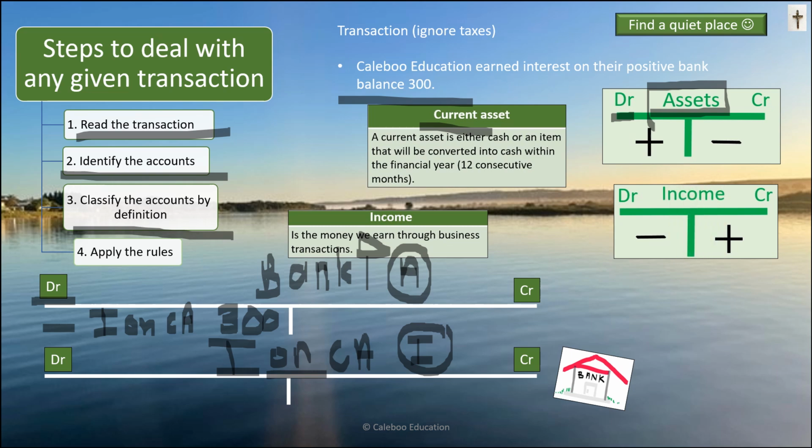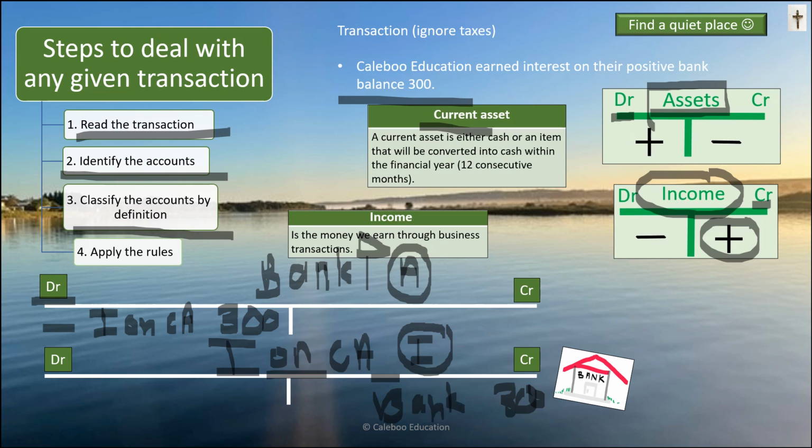According to the rules, when there's an increase in income, and we said interest on current account, the definition is income. It's an example of income earned by the business. An increase in income, the account must be credited with 300. And under details, we will have bank.